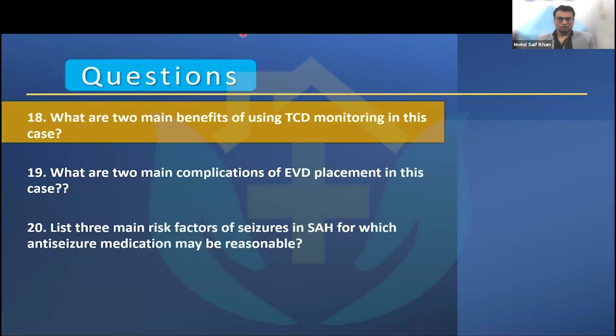What are two benefits of using TCD monitoring in this case? The answer is that this is a Doppler, so it's a non-invasive monitor. It can be repeated multiple times, but it is operator dependent.